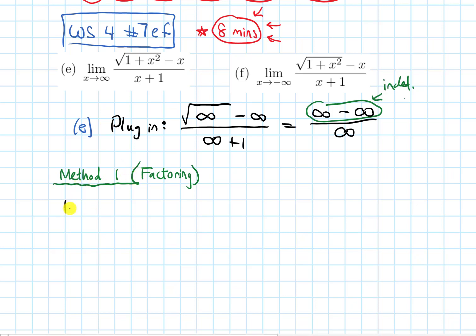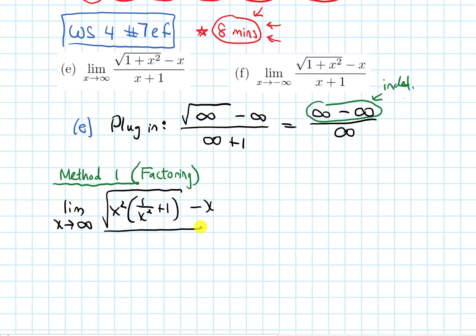We have the limit as x approaches infinity. From within the square root, let's take out the highest power of x, which is x squared, and that'll leave me with 1 over x squared plus 1, square rooted, minus x.